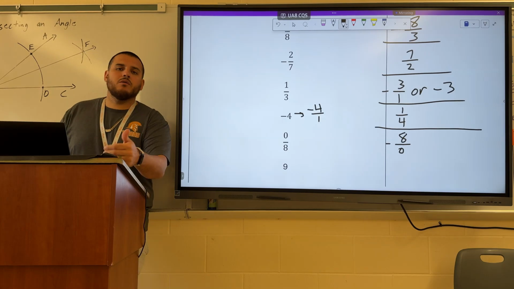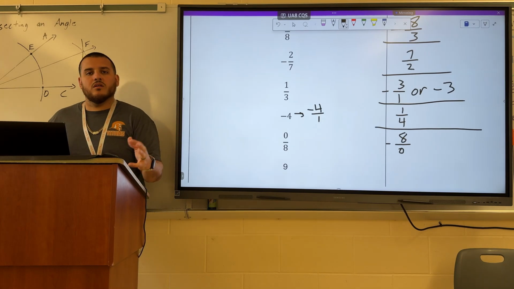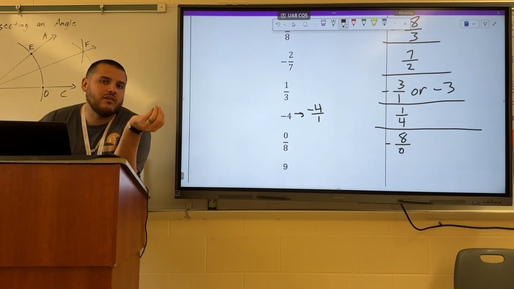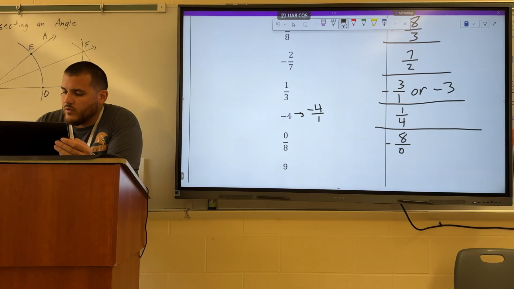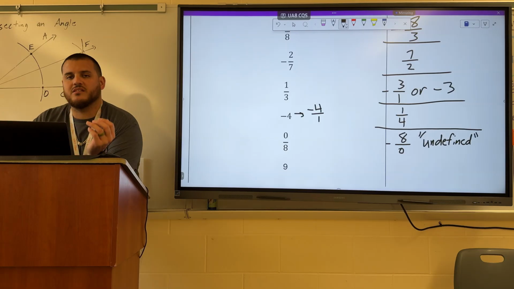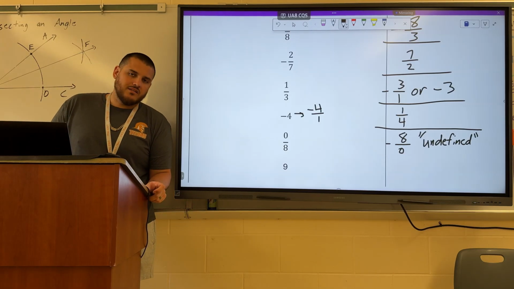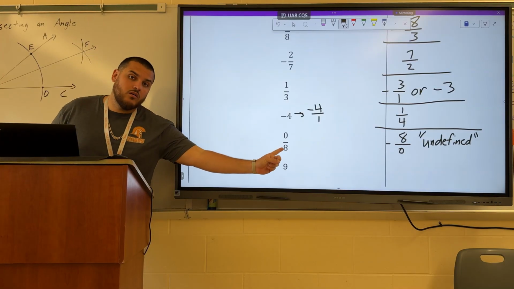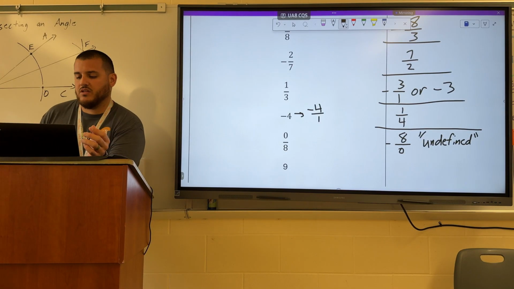When we divide a number by 0, though, it breaks the world. It's not a thing. It can't happen. And so we really wouldn't write negative 8/0 here. We would just call this undefined, because we can't define what happens when we divide something by 0, because it's not possible to do that, right? So undefined and 0 are negative reciprocals of each other.